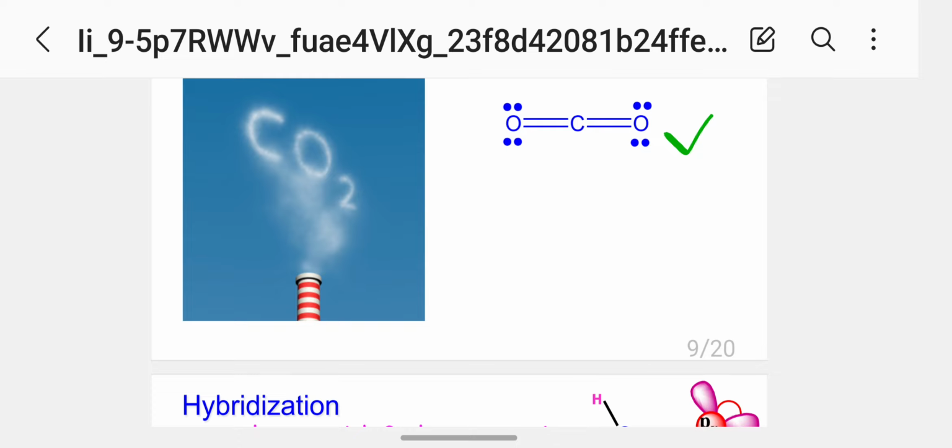If, let's say, lime is prepared, calcium carbonate is treated at certain conditions of temperature, and we have calcium oxide and carbon dioxide being formed. So carbon dioxide generally shows hybridization phenomena in its orbitals.